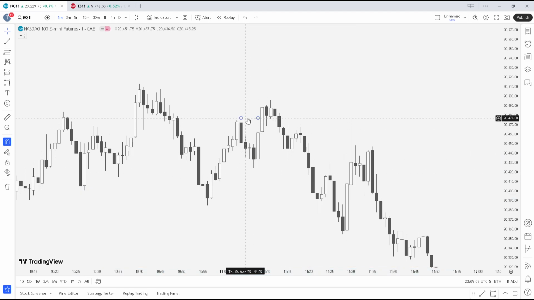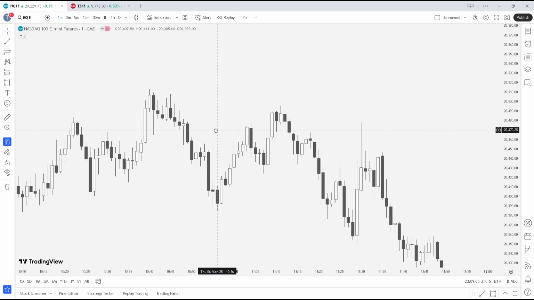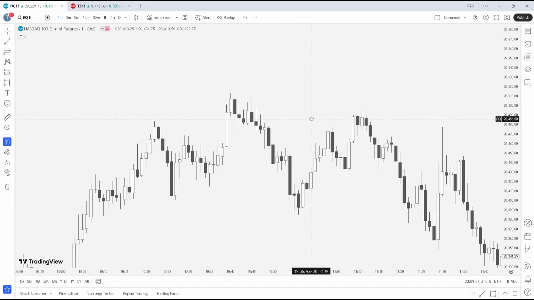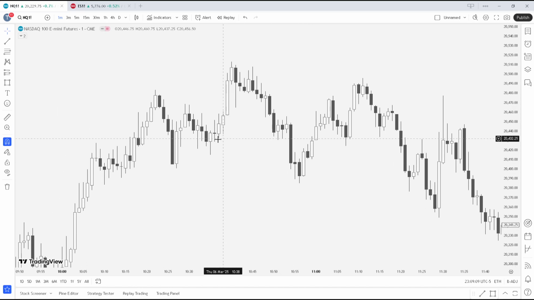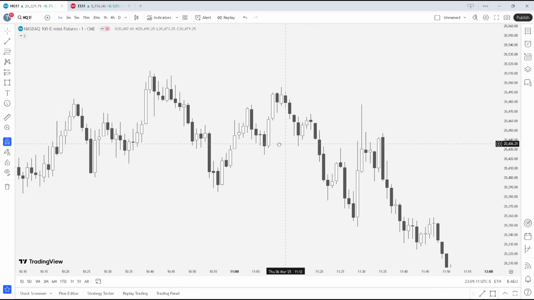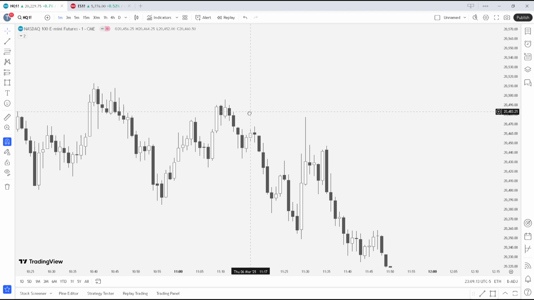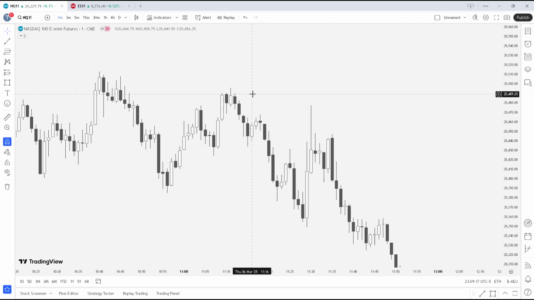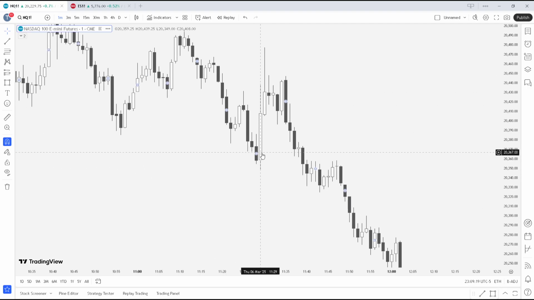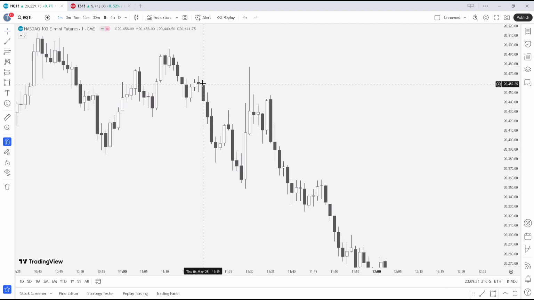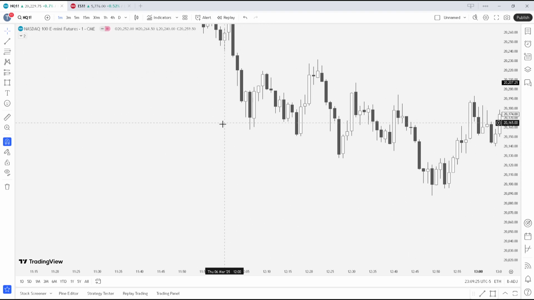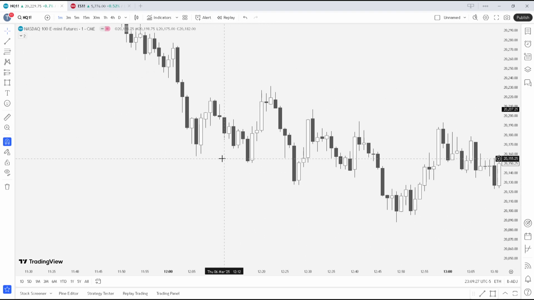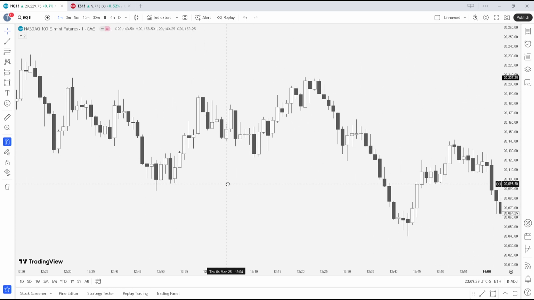But now we're going to be getting into mitigation blocks. A mitigation block is a breaker but without the liquidity sweep. So let's take a look at something like these ones.